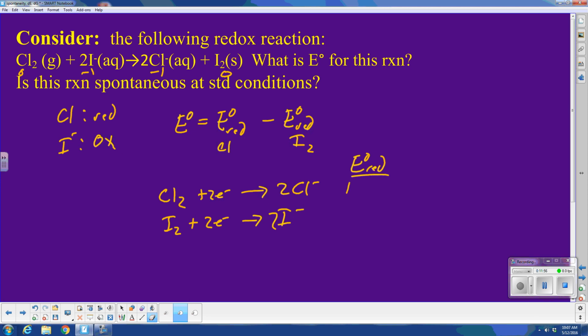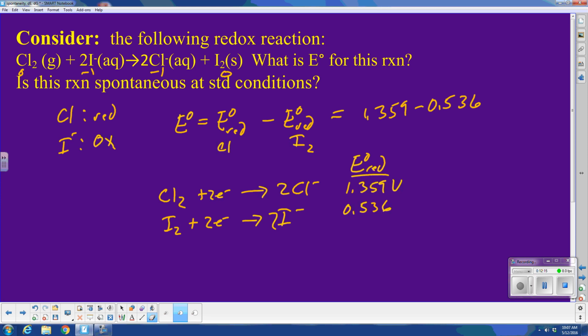We said this is 1.359 volts, and the other is 0.536. Let's plug it in. So I have 1.359 minus 0.536.